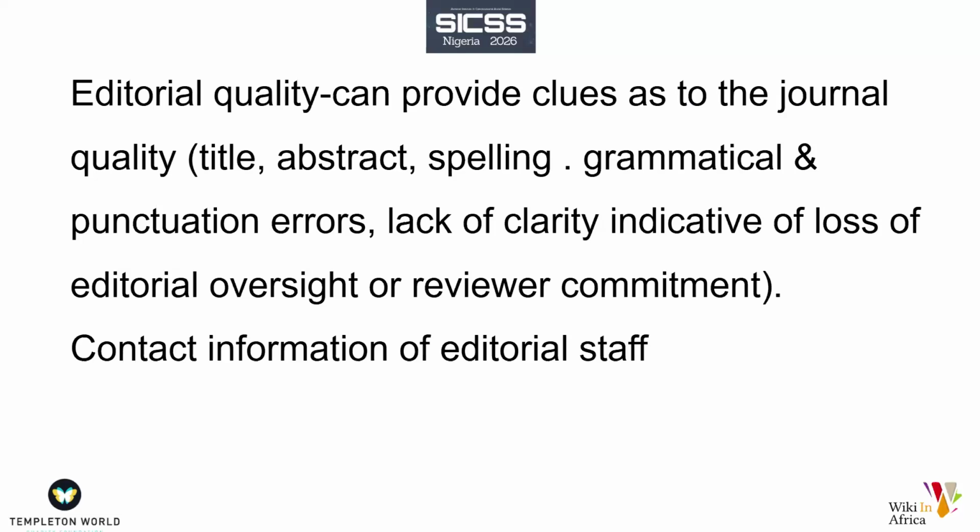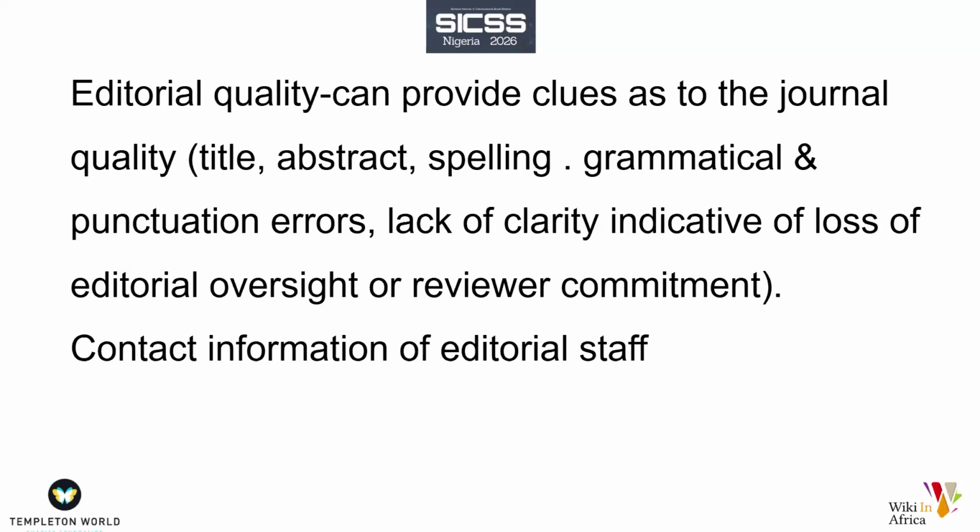Editorial quality can provide clues as to the journal quality, very important. Look at the title, abstract, spelling, grammatical and punctuation errors. Lack of clarity is indicative of loss of editorial oversight or real commitment. When they send me professorial documents to assess, I will know a poor quality journal immediately I read the article.